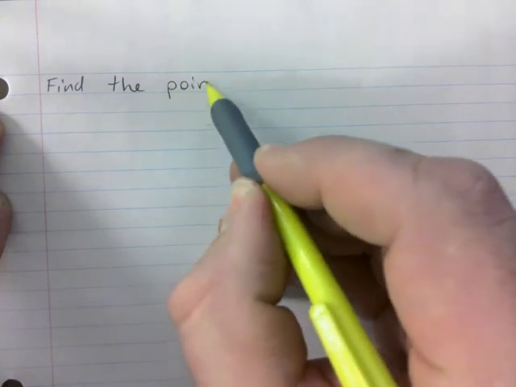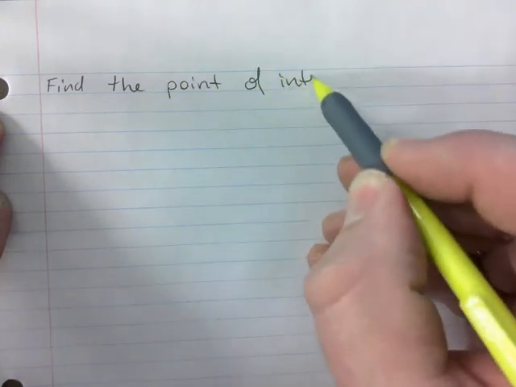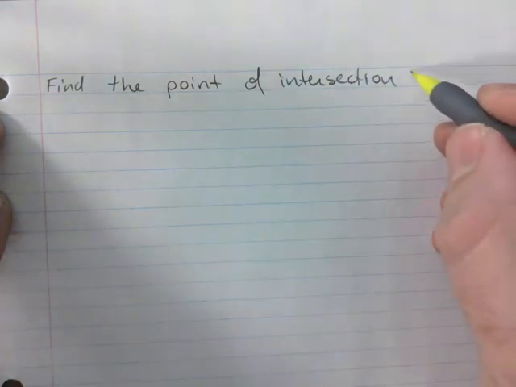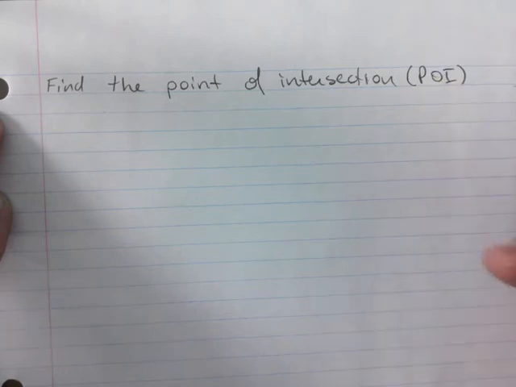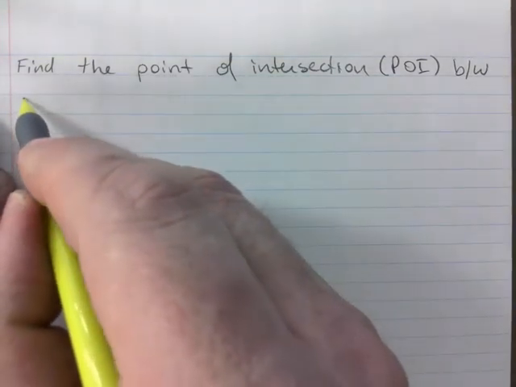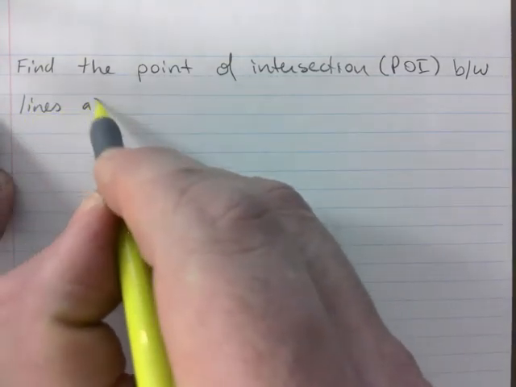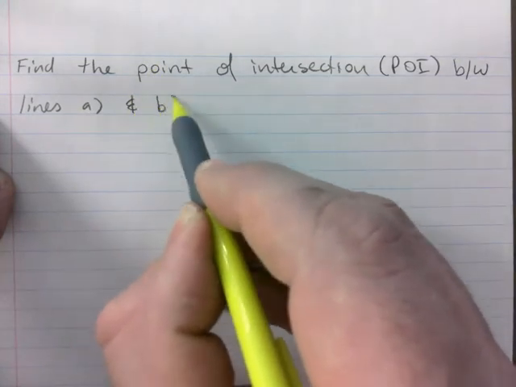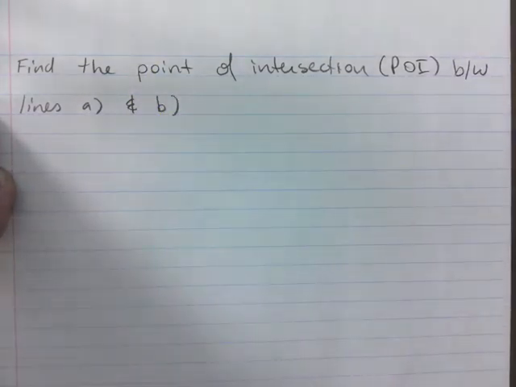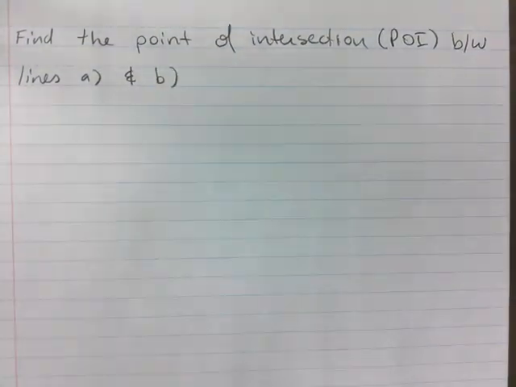Find the point of intersection, POI, right, between lines A and B. What if I asked you, hey, where do they meet? Remember, this is the solution to your system.